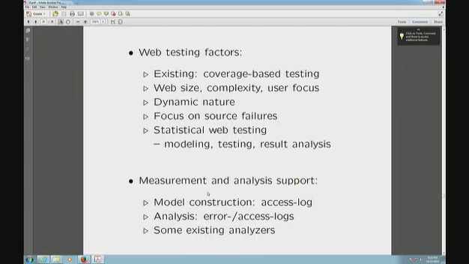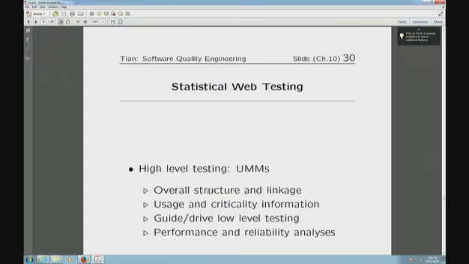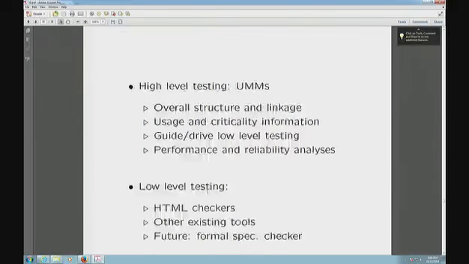Typically we will look at and analyze the server logs. Those are the actual measurement of your customer usage, and by processing the server logs we can get the usage information and build our model.